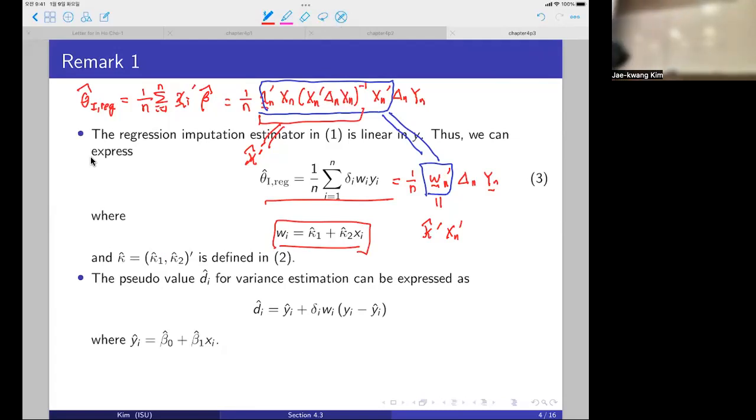Kappa prime is the weight. So basically you have this algebraic equivalence, and end of the day you can write it as a weighted sum of the y_i, where the weight is linear with the coefficients kappa 1, kappa 2.